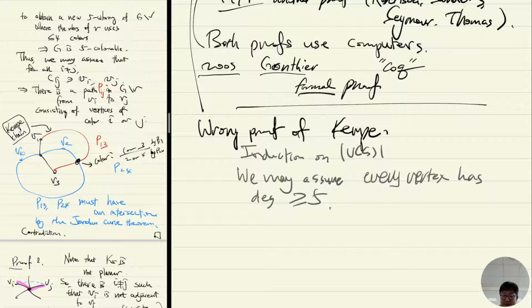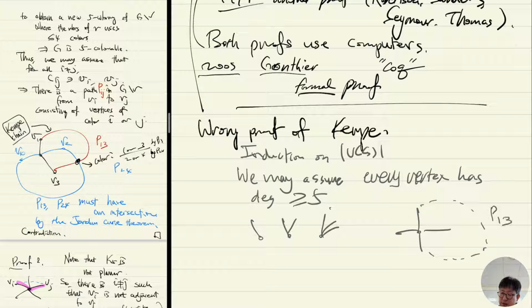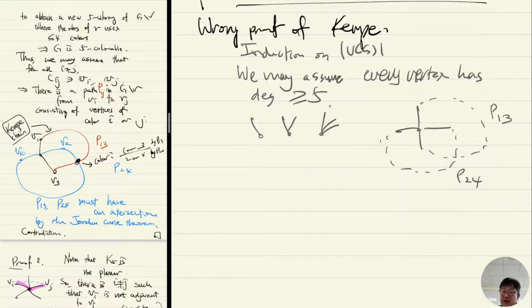Why? Because if I have a vertex of degree 1 or 2 or 3, I can delete it and apply induction and extend the coloring, because the number of colors used in the neighbors is small. If I have a vertex of degree 4, then I can use this Kempe chain argument. So P13 and P24 must intersect, contradicting the Jordan curve theorem. So every vertex has degree at least 5.